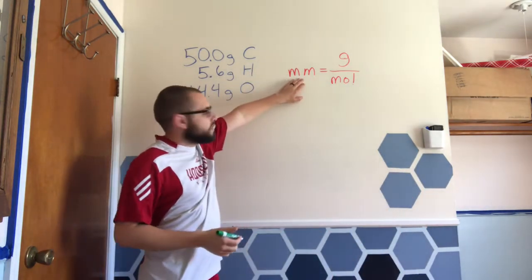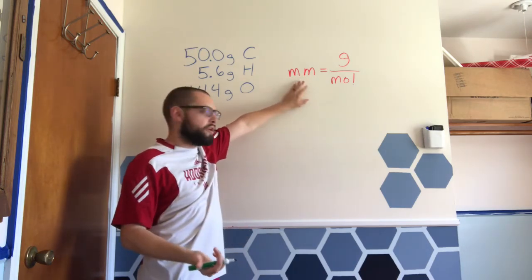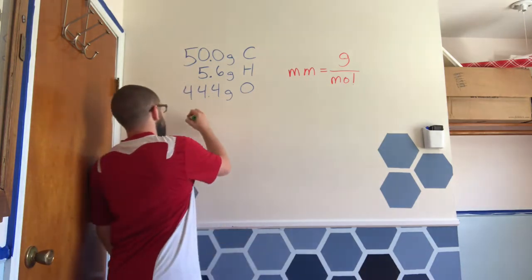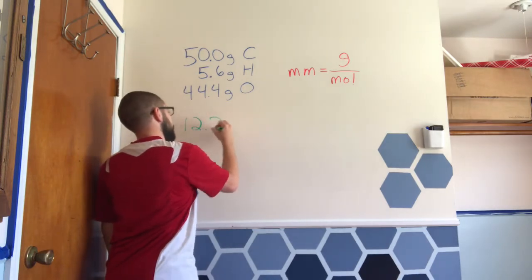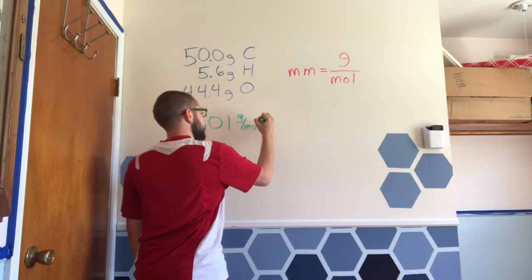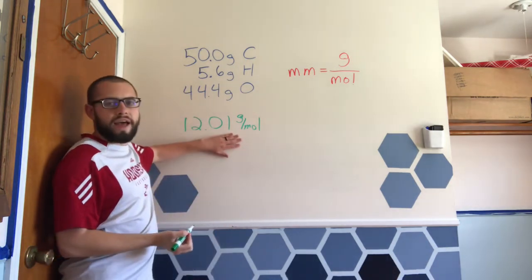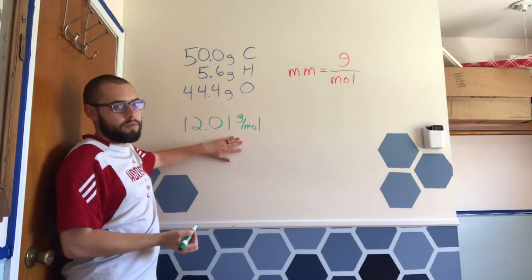For example, the molar mass of carbon, I would look up from the periodic table. It's about 12.01 grams per mole. This is the molar mass of carbon, and I got that from the periodic table.